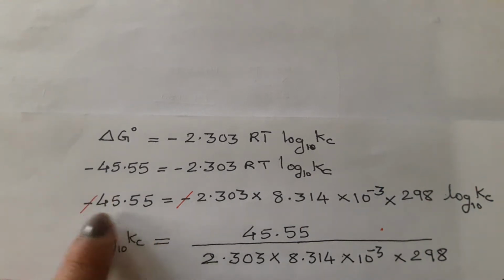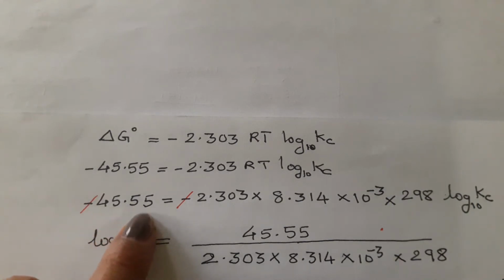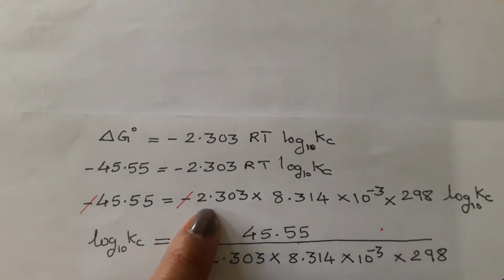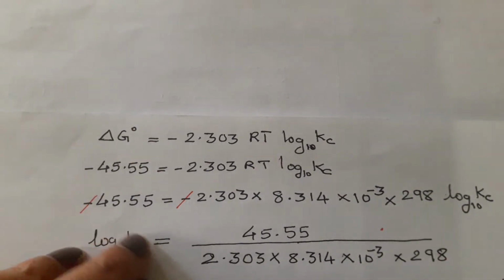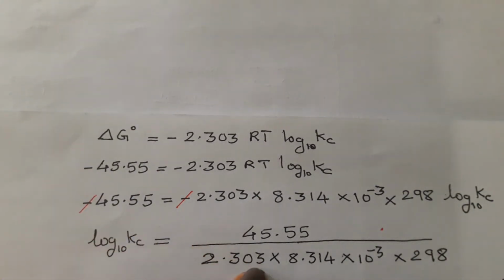So we remove the negative sign because the value which we had obtained for standard Gibbs free energy was minus 45.55. So the negative signs we cancel out from both the sides, and what remains is we take log of Kc to one side and the rest of the numerals to the other side. So we get it like this.